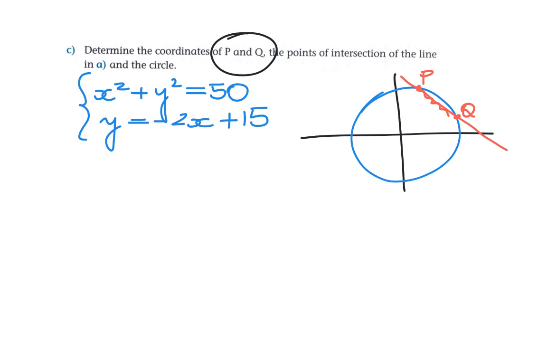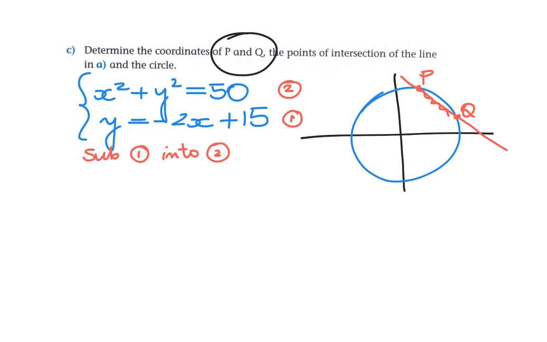But what we can say, and we always could say it, is that we need to solve simultaneously. And this simultaneous set is your typical set in which one equation is linear and one equation is quadratic. So we can substitute equation number 1 into equation number 2 and solve for x.